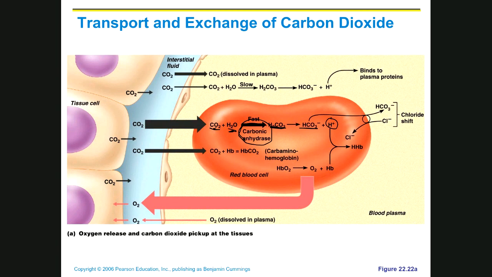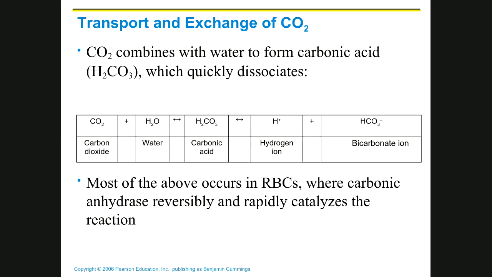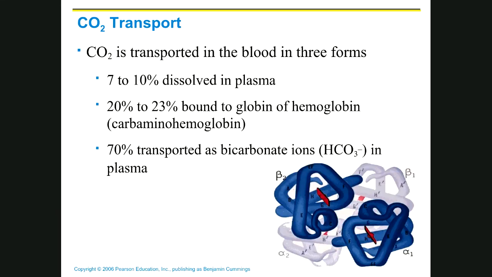And then the bicarbonate ion, as it builds up in here, we're going to create a gradient. And so it's going to leave, and it's going to travel in the plasma. So this is the way 70% of the carbon dioxide is going to be transported. It's transported as a bicarbonate ion in the plasma.